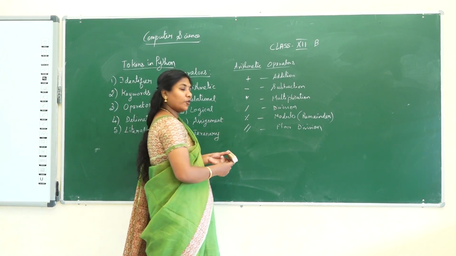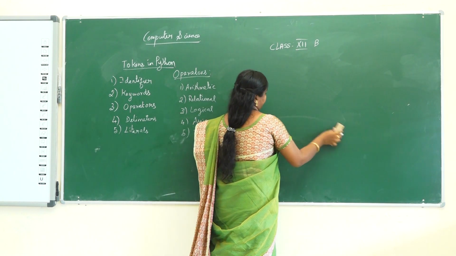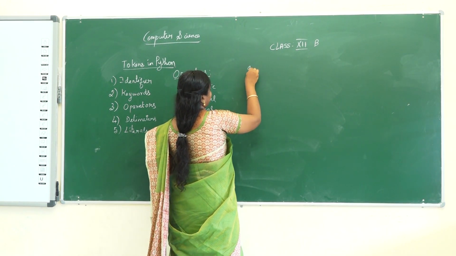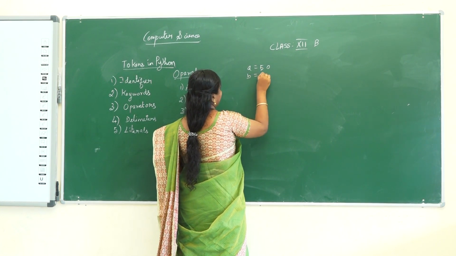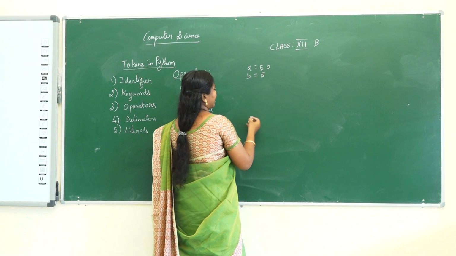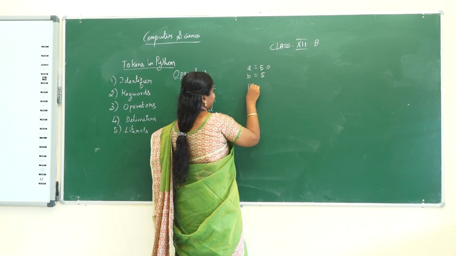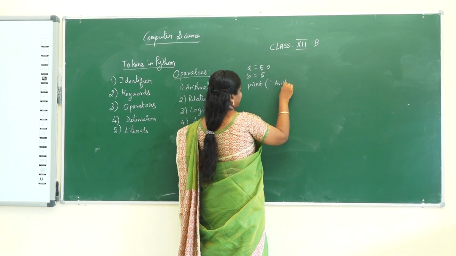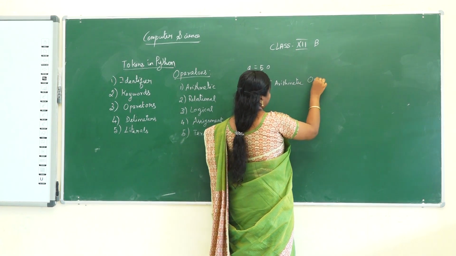Now we will see a program using the arithmetic operators. A is equal to 50, B is equal to 5. Next I am going to do the arithmetic calculation. So print "arithmetic operators".